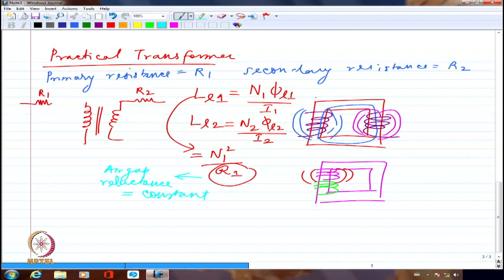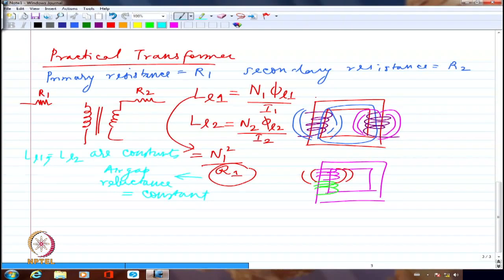It is not going to change. The leakage inductance will not change in the case of a transformer. So I would say that LL1 and LL2 need not be equal to each other, but are constants as far as the transformer is concerned.